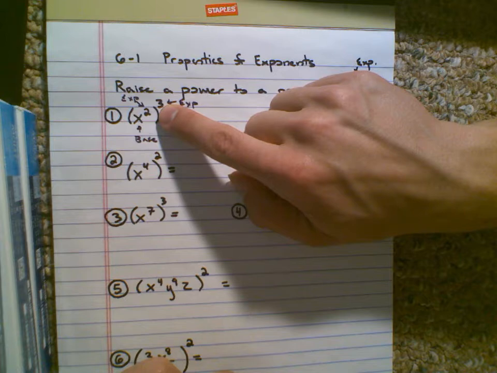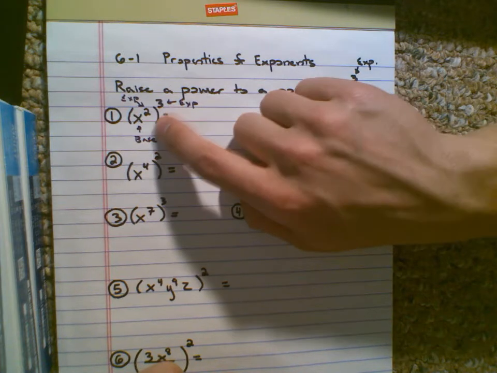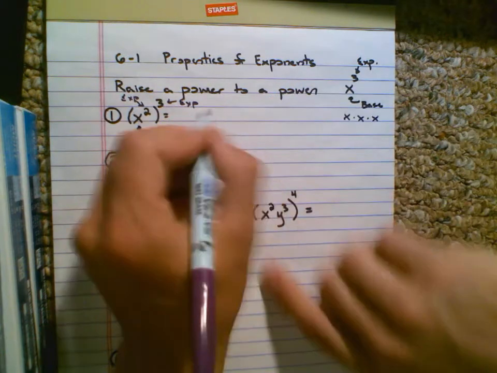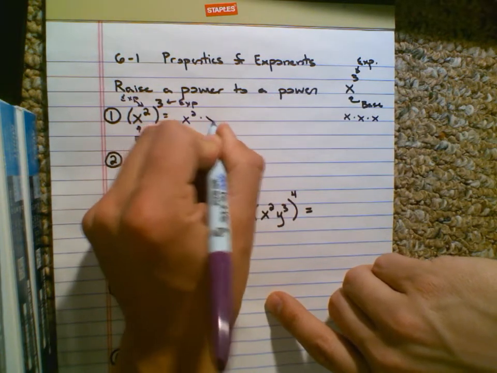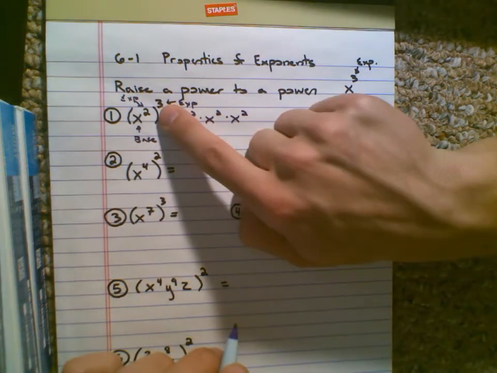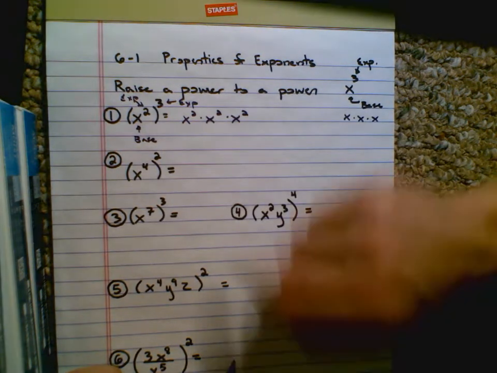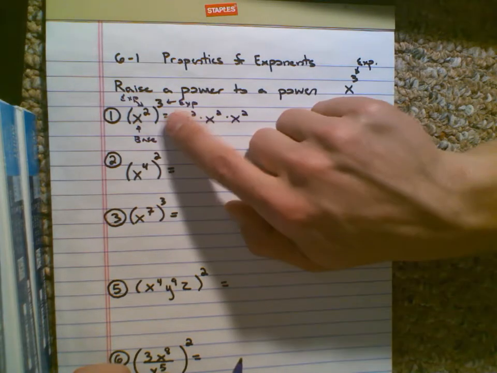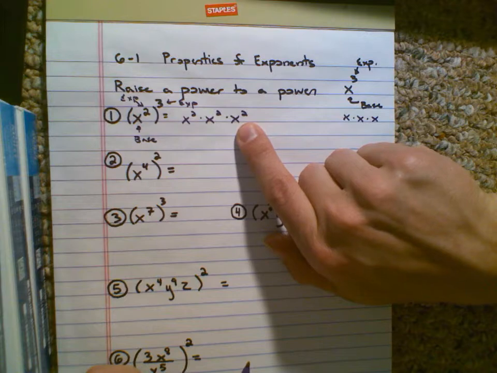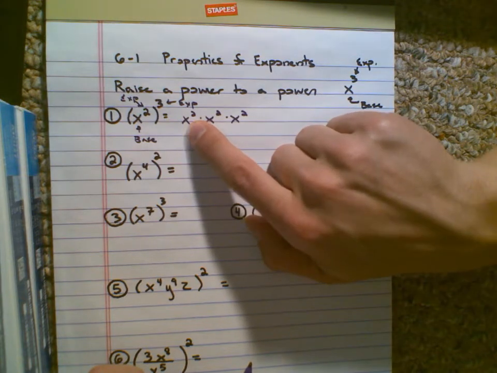This 3 means that we're taking everything inside of the parentheses to the third power, meaning we're taking x squared times x squared times x squared, a total of 3 times. Then each of the x squareds individually tells me that I'm taking the base times itself 2 times.